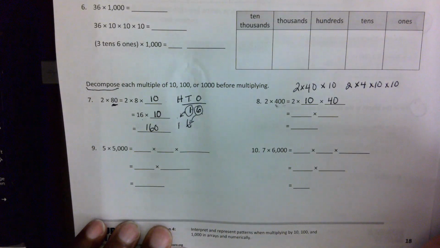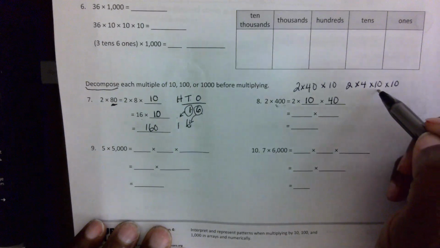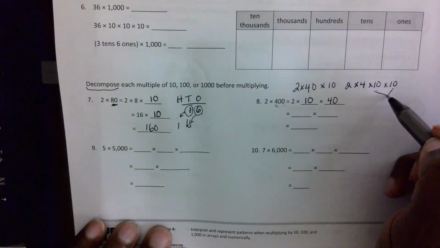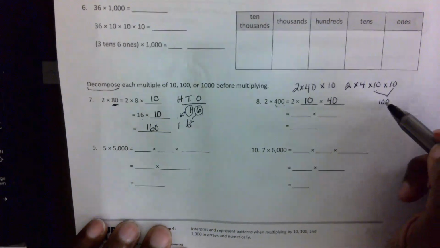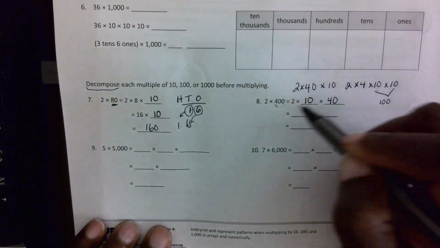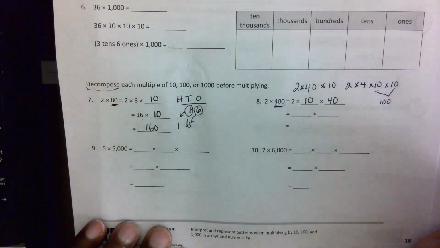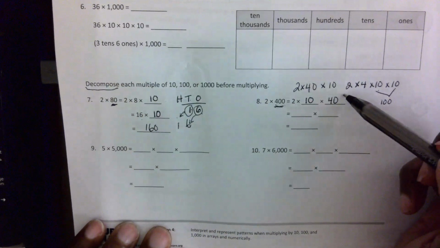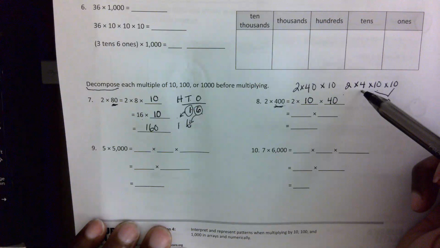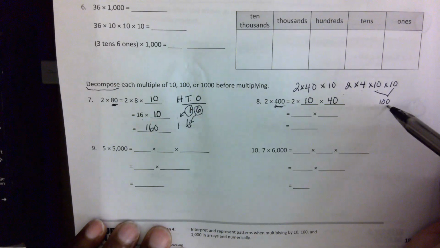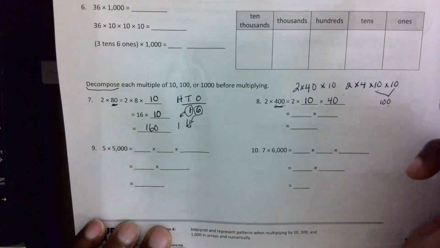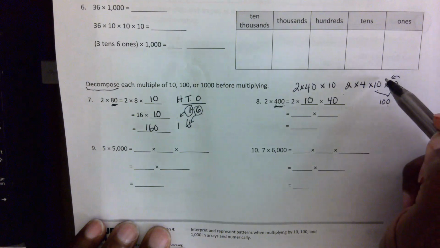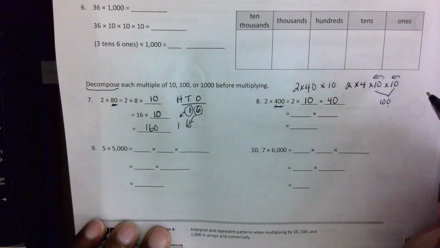Because 10 times 10 is equal to 100. And 100 times 4 is the original number 400. So you would have 2 times 4 times 100. And then you could break that 100 down to 10 times 10. So you know that you're going to move that place value chart over twice.